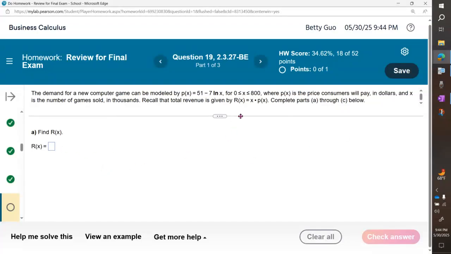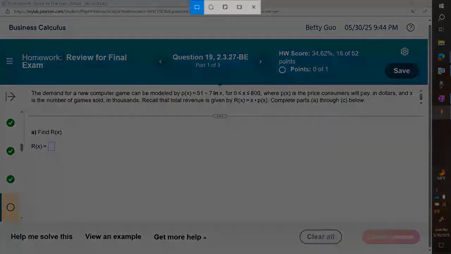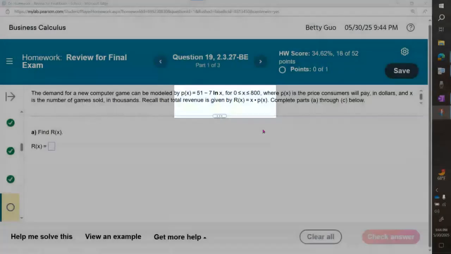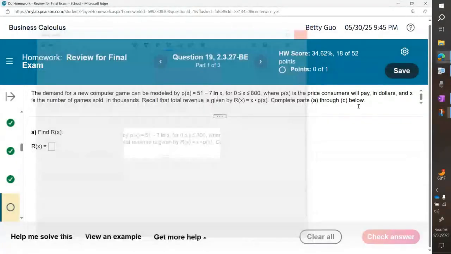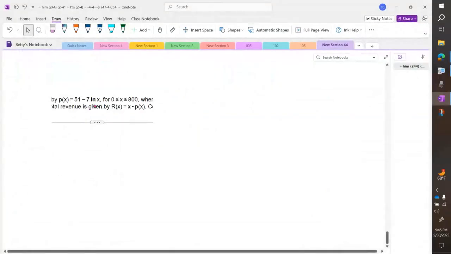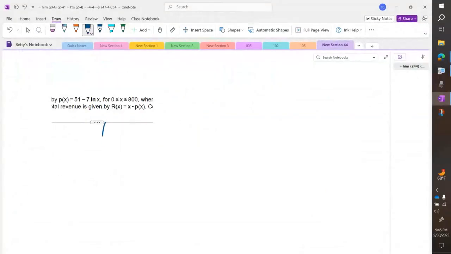Find the revenue function. We have the demand function given. We need to find the revenue function R of X. R of X is P of X, the price, times the number of items you sold.